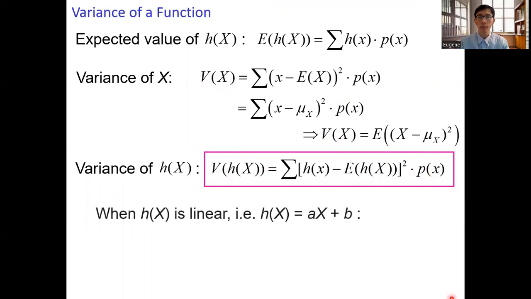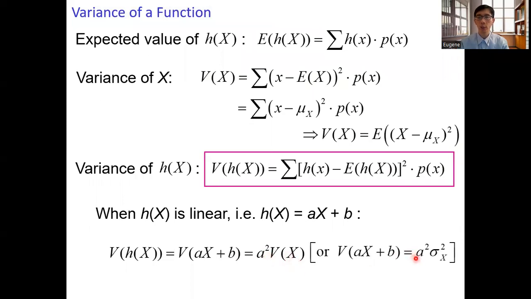What if h of x is a linear function, say h of x equals ax plus b for some constants a and b? The variance of ax plus b equals a squared times the variance of x, or we can write it as a squared times sigma x squared.